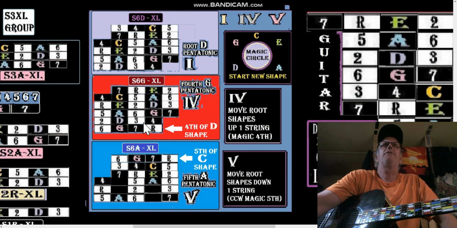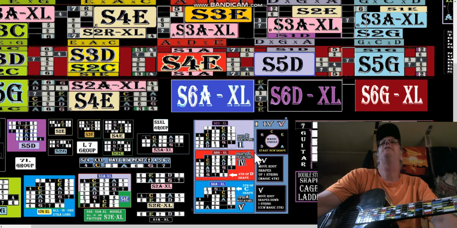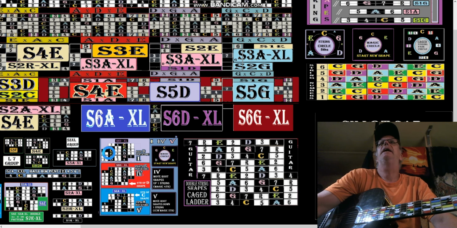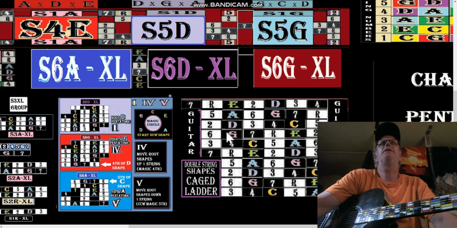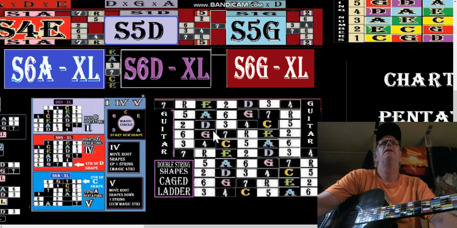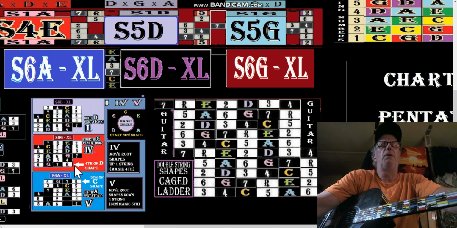The 6, 7 root, believe it or not, was something like, look, I have a nice CAGED ladder here. So we could get both of these guys. So the question is, where did 6, 7 root come from, without just remembering that it's a fourth?